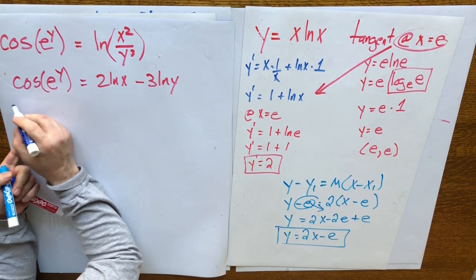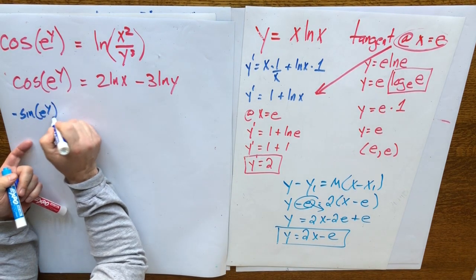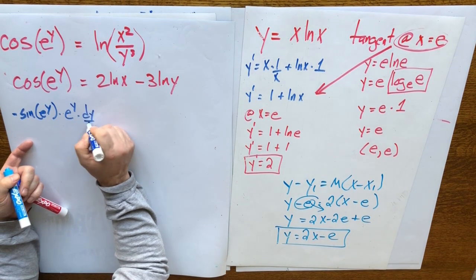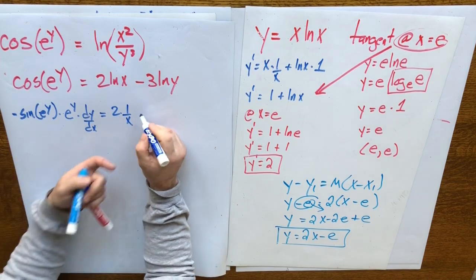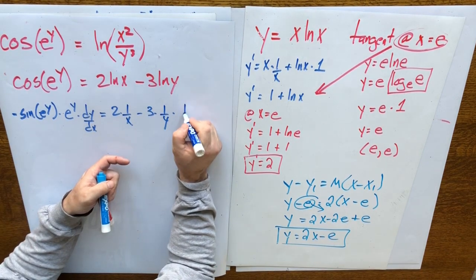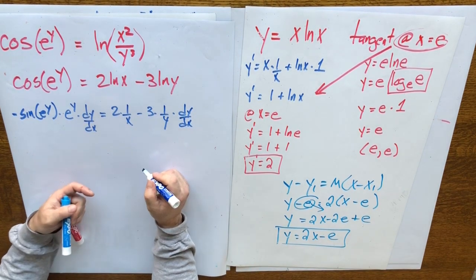The derivative of cos is negative sine of the argument times the derivative of the argument, equals 2 times 1 over x minus 3 times 1 over y, but the derivative of y with respect to x has to be applied there.